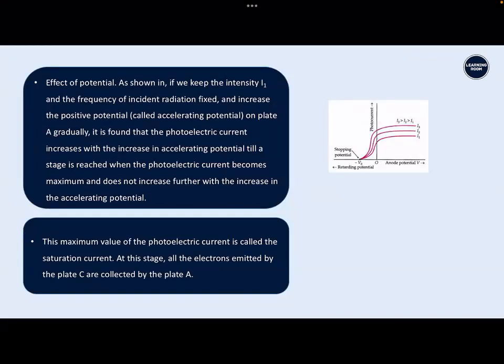So the next concept that we are going to see is the effect of potential on the photoelectric current.